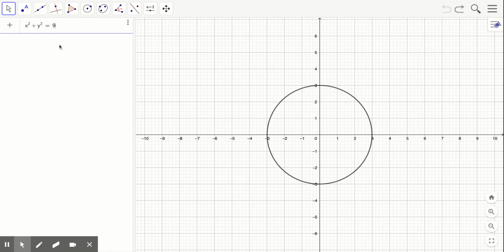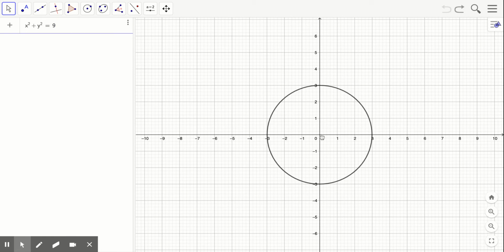And the reason it does is because if you think about when x is 0, then y can either be a -3 or a +3. But vice versa, when y is 0, x can either be a -3 or a +3. And you form this circle.